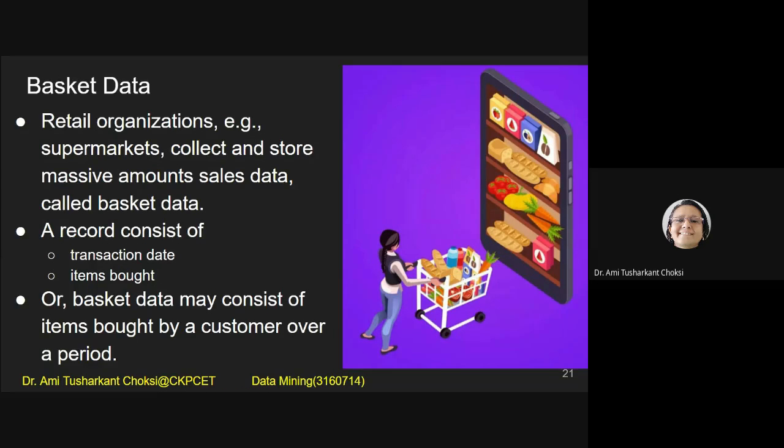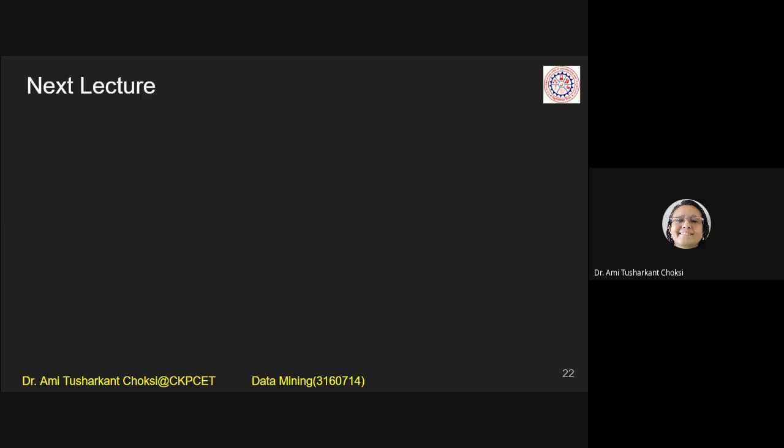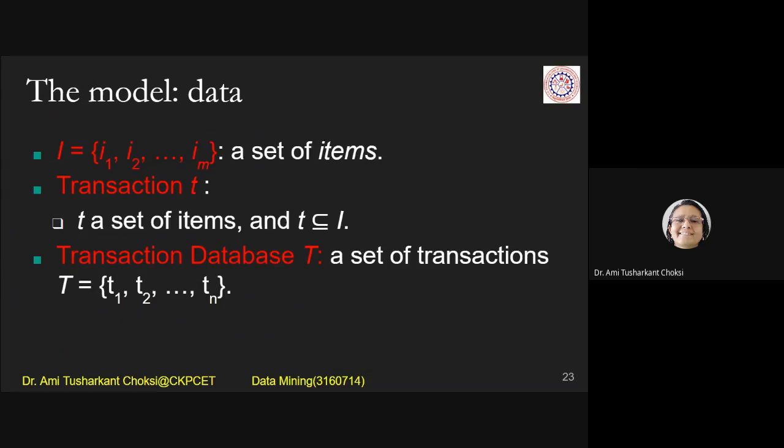Fine. So this is the market basket data that we want to analyze and provide the rule using association rule mining. So how is the data given? In the previous lecture, I provided you the transaction data, like one person purchasing bread, butter, wafer.